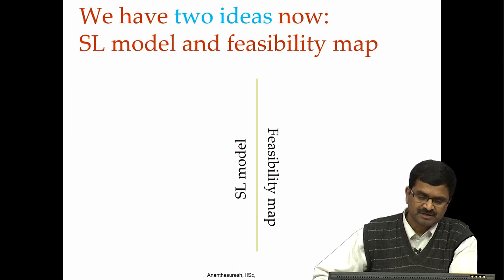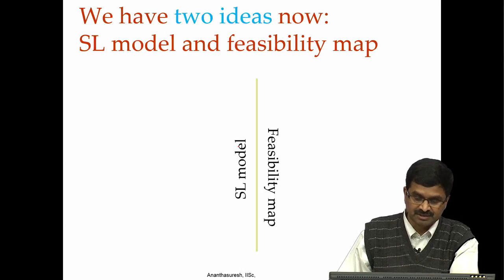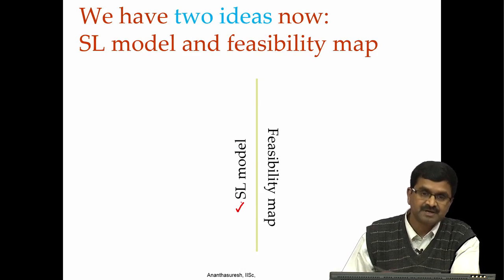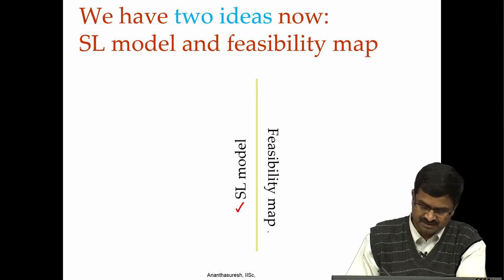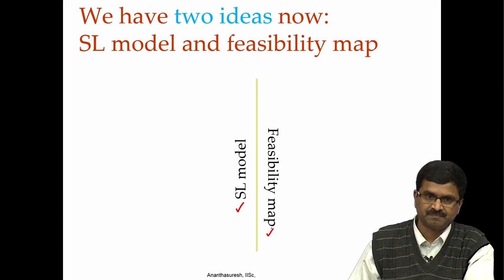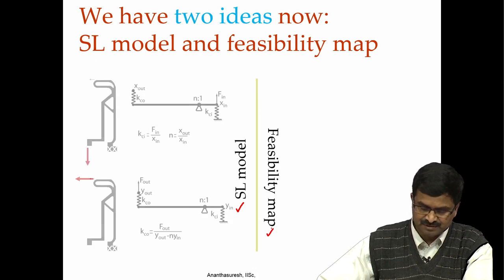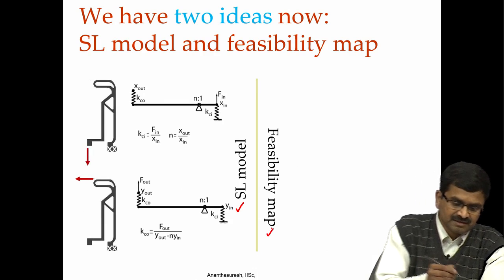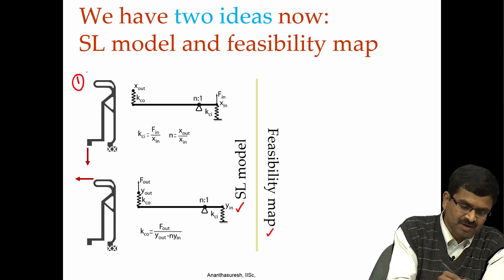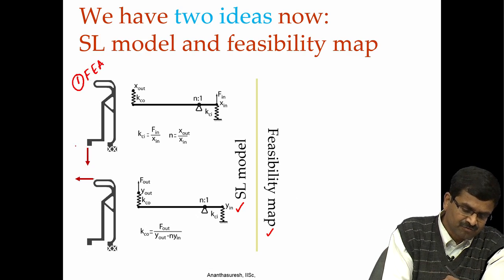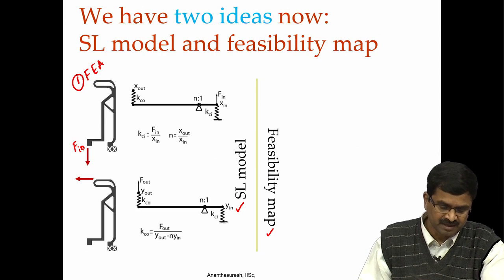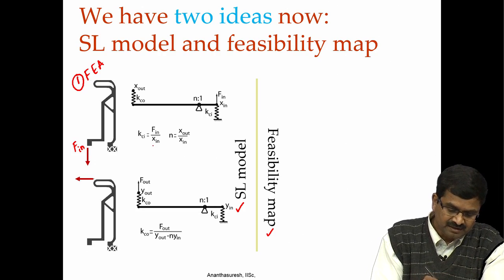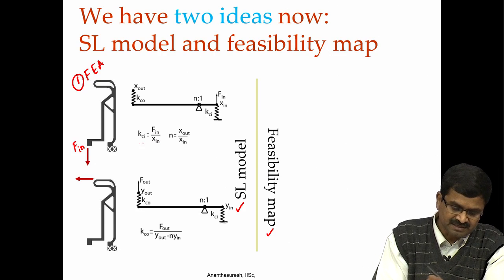So, to recapitulate what we have discussed in the last two lectures, one is this spring lever model and the other is the feasibility map. Okay. What did we learn in spring lever model? We learned that by doing two finite element analysis, this will be finite element analysis 1, this is the first FEA, where we apply force here, this is F input there to the compliant mechanism, and we record the input displacement XIN.